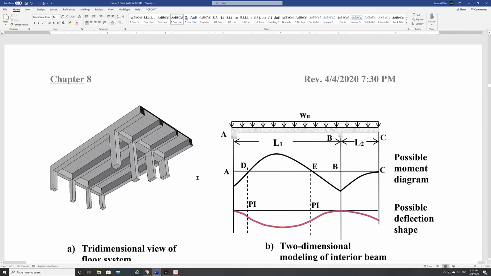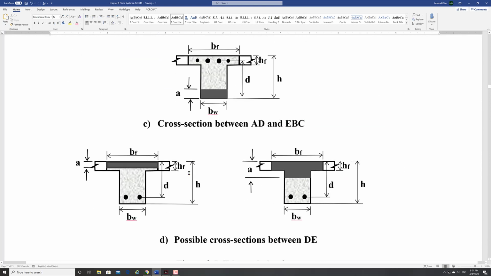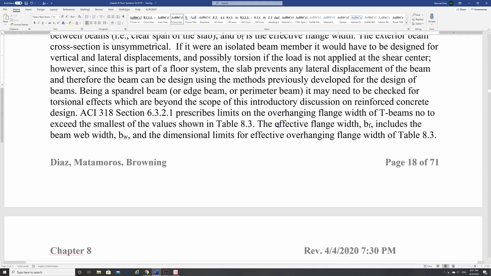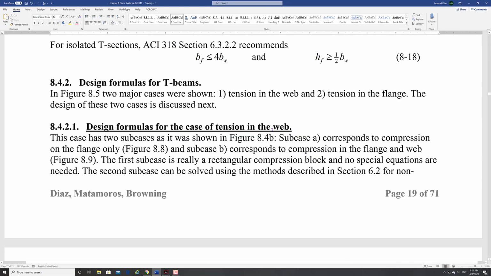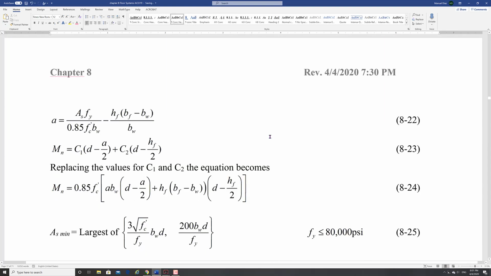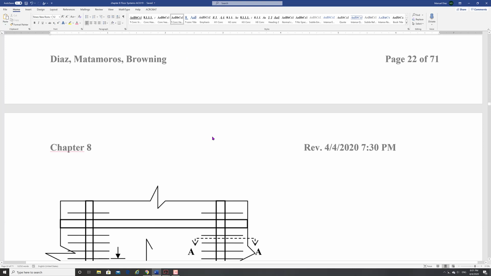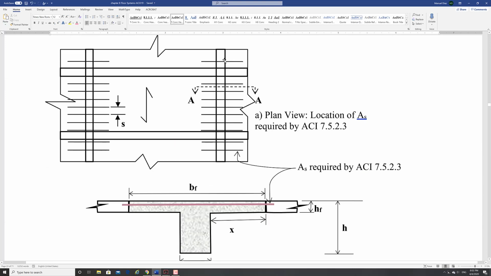And that's the portion that your code says you need to put something there, because that is not bending exactly as one way, and you need to add some reinforcement. That's what this requirement is. So really you're adding these bars on those beams. In most cases, your temperature bars, which go in that direction, may fulfill that requirement, but you may want to check that, because you want to put those extra bars in there.